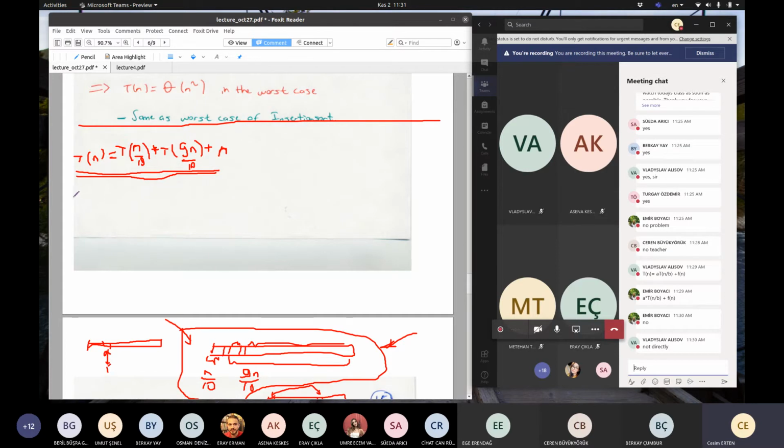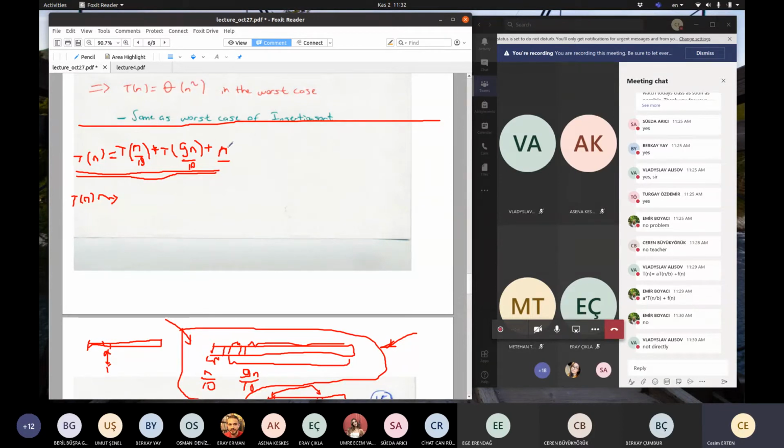Remember that for constructing the recursion tree, we need to expand the T terms within a tree. Initially we start with T of n. We do one more expansion. After the first expansion, this is the definition of our T of n plus some T terms.